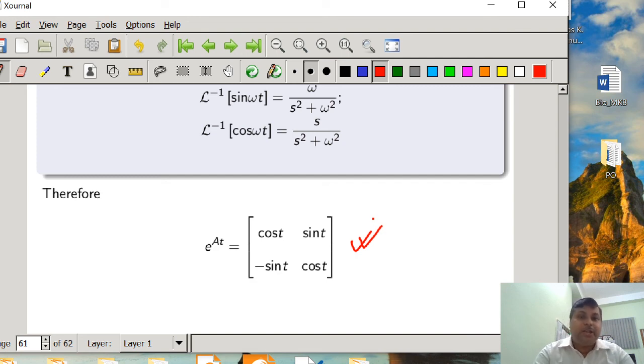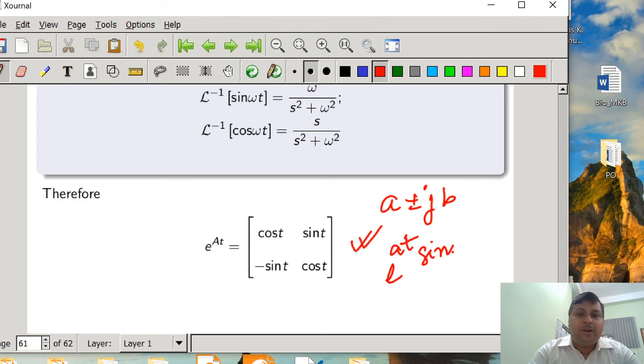In general, you can say that if the roots are a plus minus jb, then we will get e to the power at, and the terms of e to the power at will be sine or cosine of bt, sorry, not b omega, it will be bt.